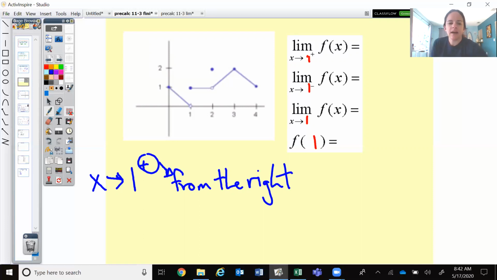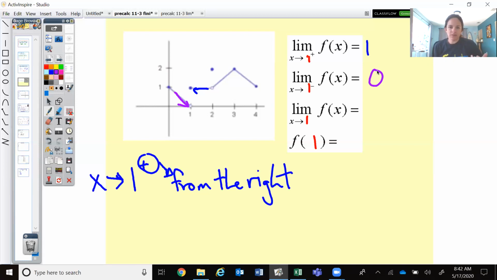And so I can look in the neighborhood of x equals 1. I don't care about the junk way off to the right, but just in the neighborhood of x equals 1. As it approaches x equals 1 from the right, it looks like it's headed toward the y value of 1. The next one says as x approaches 1 from the left. Well, as x approaches 1 from the left, the y value that the function is approaching is 0. The next one is the overall limit as x approaches 1 of f of x.